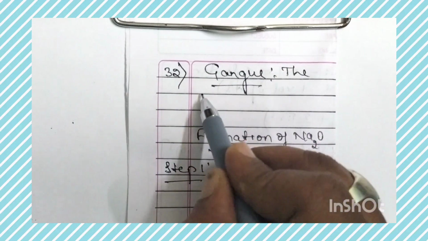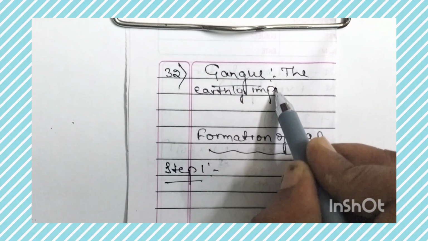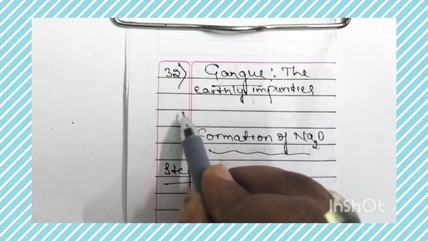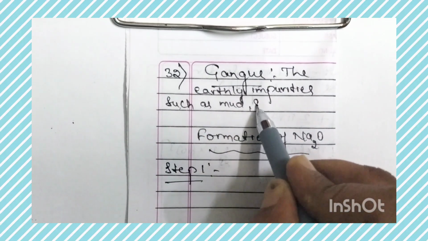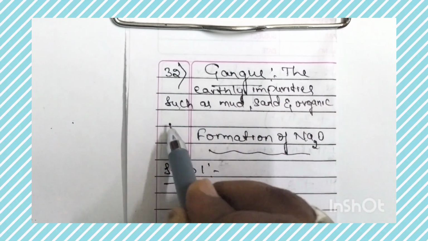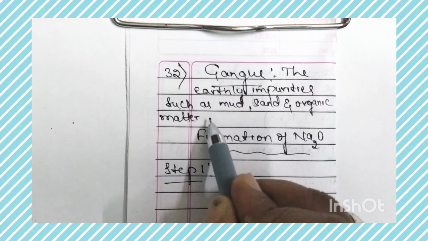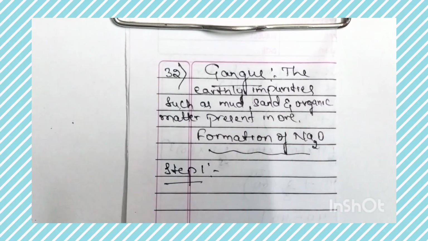The earthly impurities such as mud, sand and organic matter present in ore is called gangue. So the mud, sand, organic matter in the ore, these earthly impurities, we call gangue.